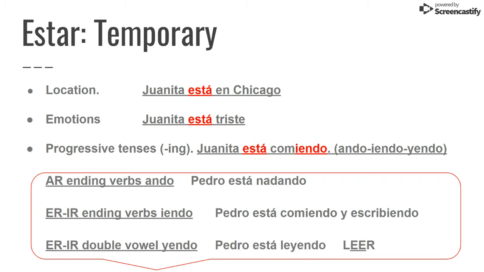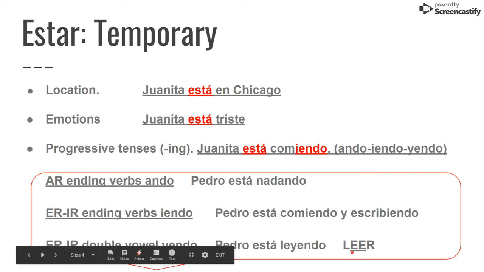Or we're going to use -yendo for ER endings for words that have double vowels. Leyendo, because we cannot have three vowels together. So we have to change the I for the Y.